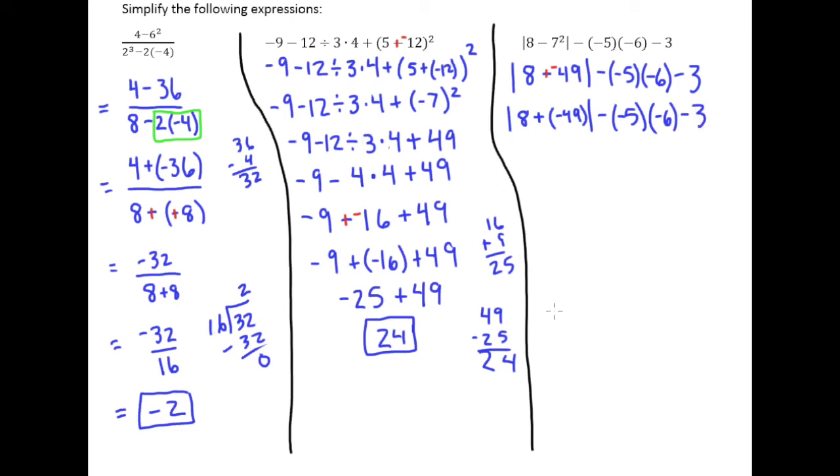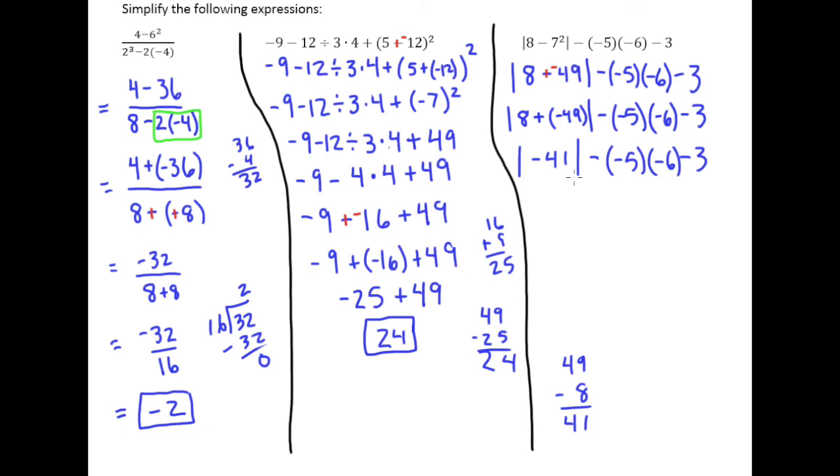Now 8 plus negative 49, those signs are different. I'm going to do my scratch work down here. 49 minus 8 is 41. But since the negative's with the bigger absolute value, negative wins, so we've got negative 41 minus all that same stuff. Continuing to rewrite everything I don't change.